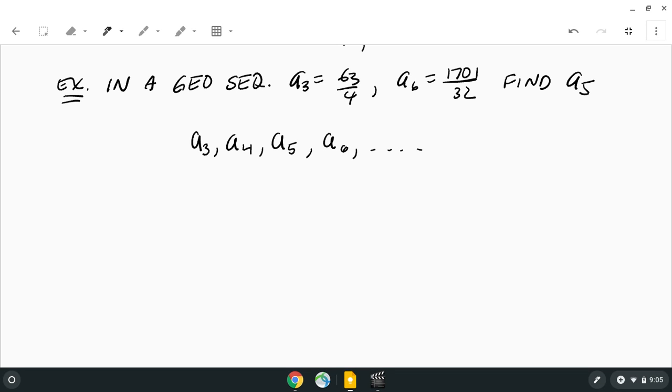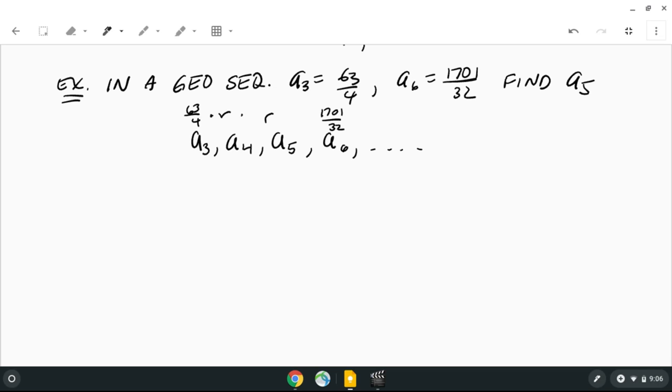We know that A3 is 63 over 4. We know A6 is 1,701 over 32. And we multiplied by R to get to the next term, A4, and then multiplied by R again, and again.